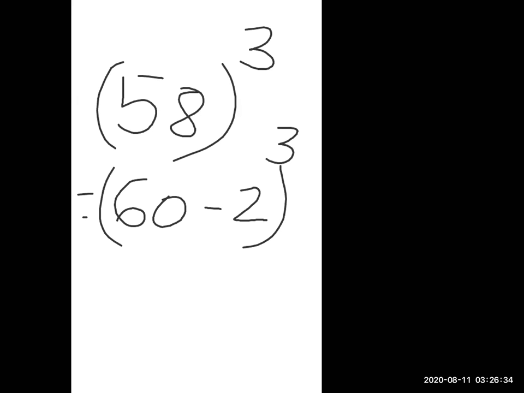So instead of 58 whole cube, you will write 60 minus 2 the whole cube and apply the same formula a minus b the whole cube. Solve it and give me the proper answer, by subtracting and adding. Do it properly. It will take time, so do it calmly and give a right answer.